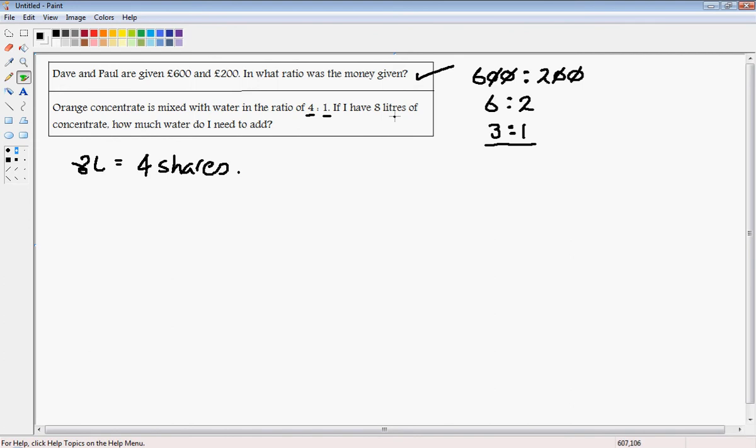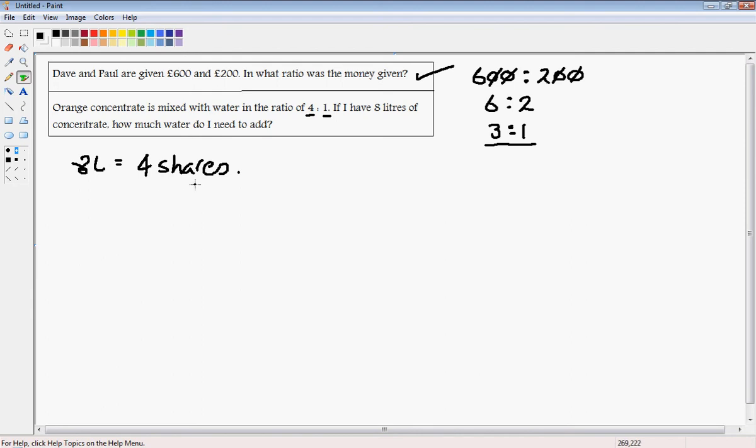So we know that this concentrate, 8 litres, is the 4 shares. If it had been 12 litres, it would still be the 4 shares. If it was 26 litres, it would still be the 4 shares.